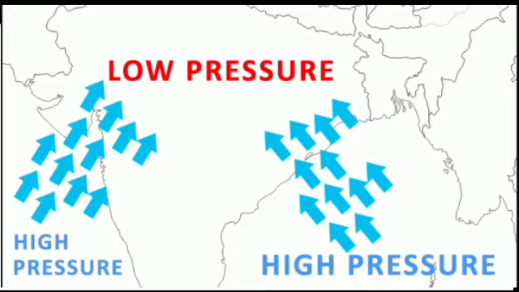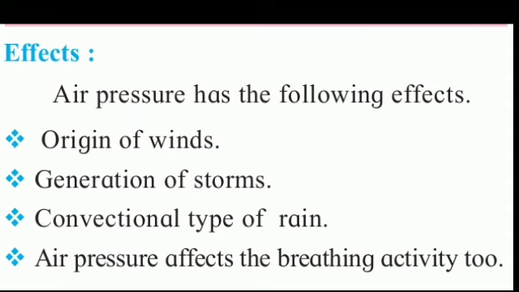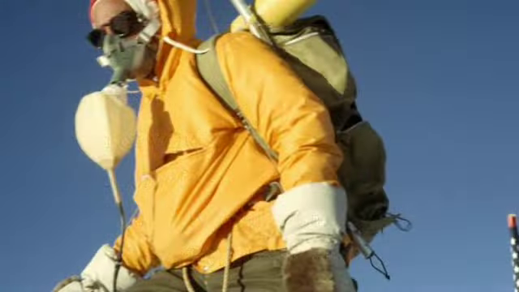In the first part, I also showed you the example of the astronaut. People who go mountaineering, or astronauts, always carry an oxygen cylinder with them. What do they carry? An oxygen cylinder. Why?